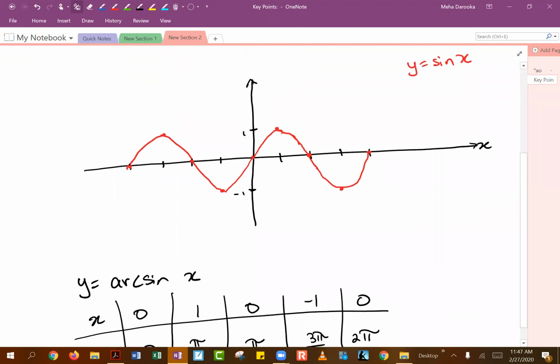Okay, so how are we going to graph this on our y-axis now? Okay, pi halves is approximately what value? 1 point something? 1.5. So about, if this guy here was negative 2 and 2, you would be somewhere in the middle.